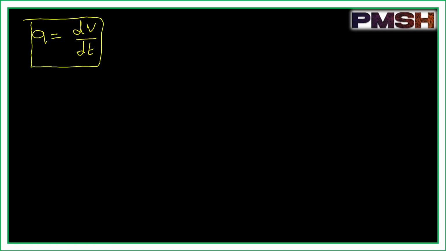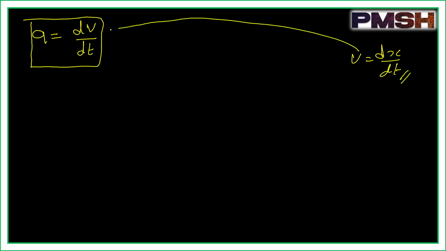And all of you know what velocity is, right? Velocity is the first derivative of displacement, that is v is equal to dx by dt. This is the equation we observed in the previous slide. Upon substituting this v here, what will we get?